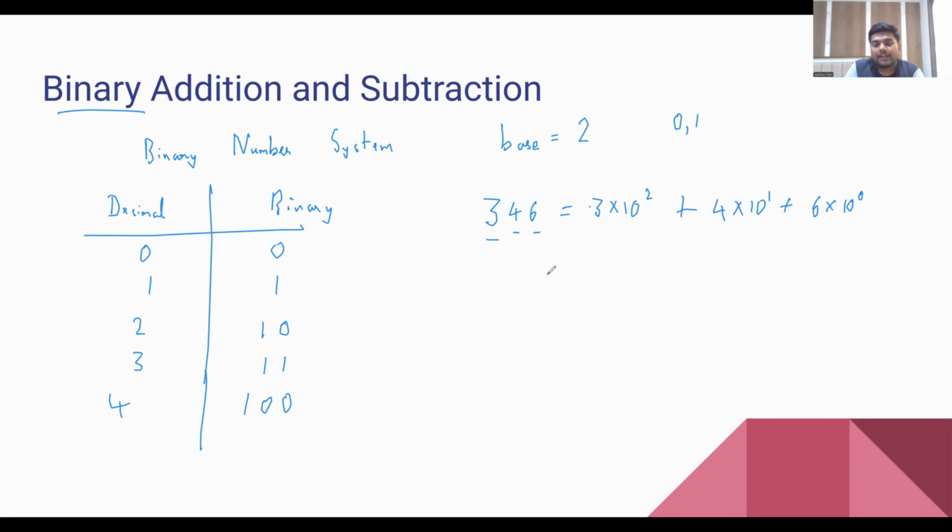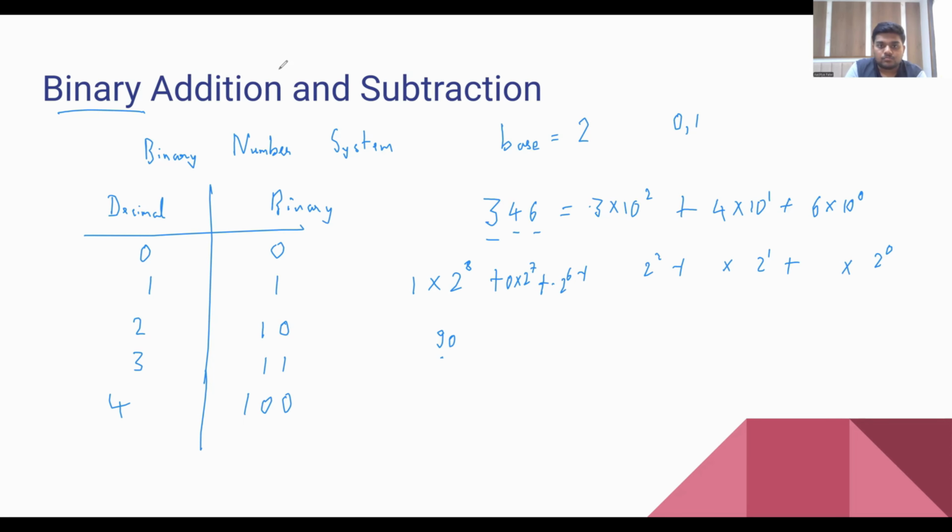If this number had to be written in binary form, we will have to write it in the form of powers of 2, up to 2 to the power 8 because 256 is less than it. So 346 is equal to 1 into 2 to the power 8 plus 90 is left. 90 is not divisible by 128, so 0 into 2 to the power 7.